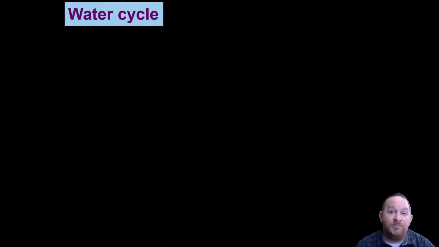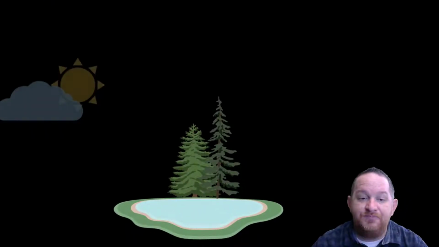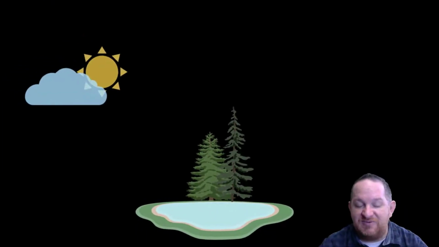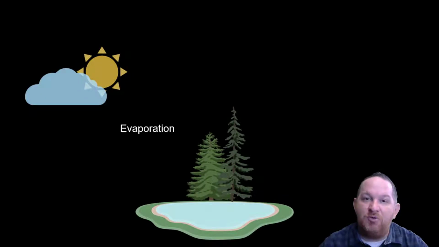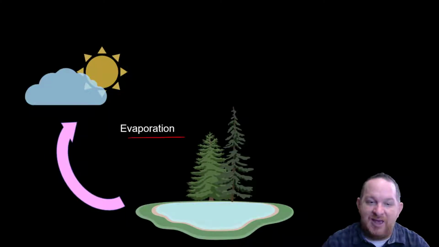One of the most important, of course, is water. So if you think about the water cycle, let's say we've got some water here in a pond. Well, when the sun comes out, we get some heat, evaporation occurs, and that water moves up into the atmosphere. So the process of going from land up into the atmosphere is evaporation.